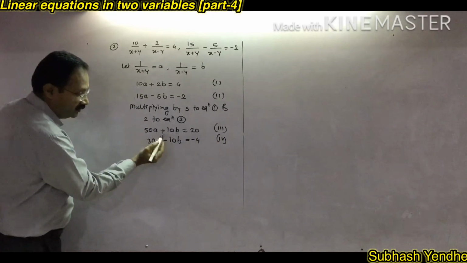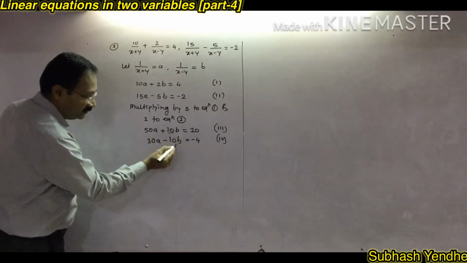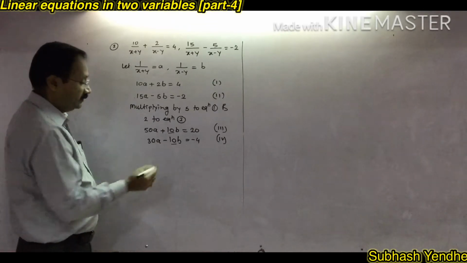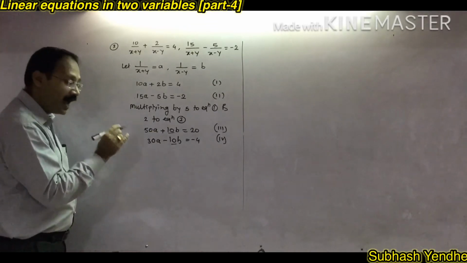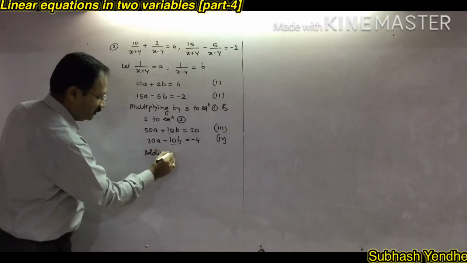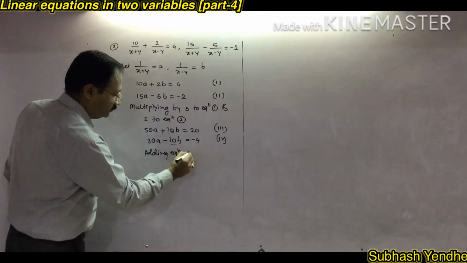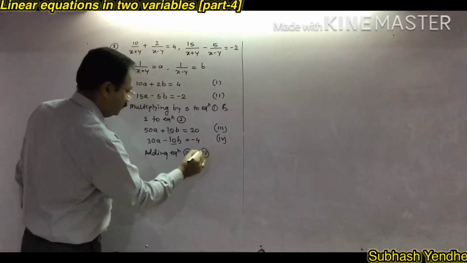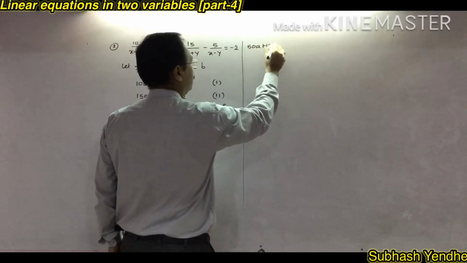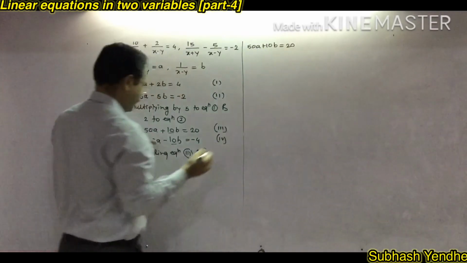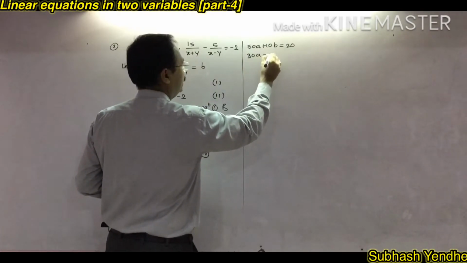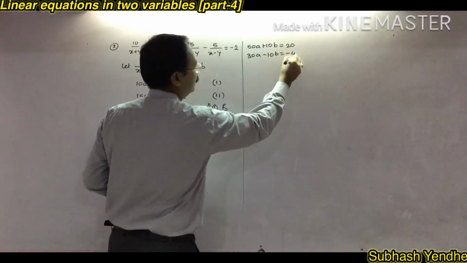Now observe, here you will get that 10b is the same. And observe the signs, these signs are different. So if the signs are different, then you have to add. So I am going to add equation number 3 and 4. So 50a plus 10b equals 20, and then 30a minus 10b equals minus 4.